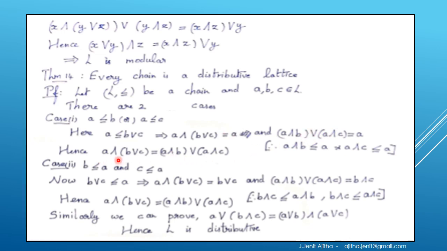Therefore, A meet (B join C) is equal to (A meet B) join (A meet C).